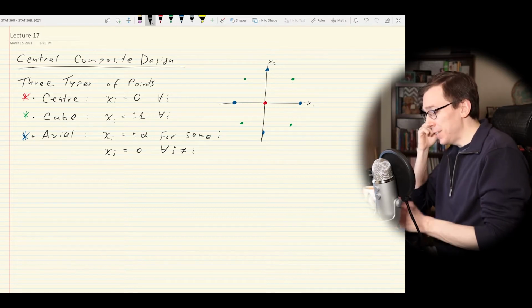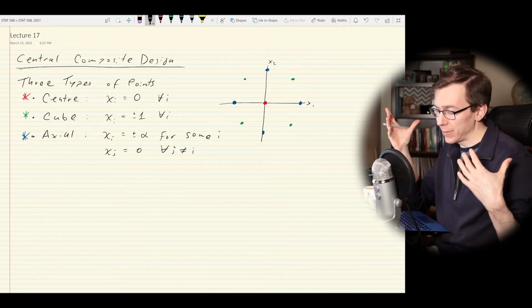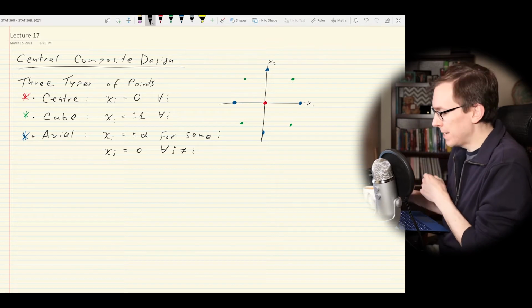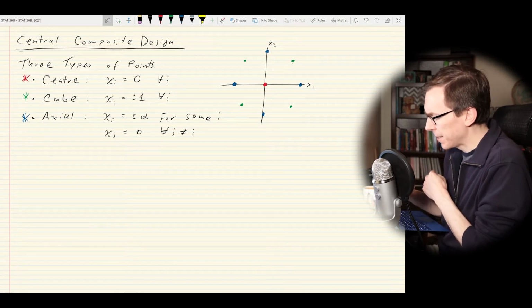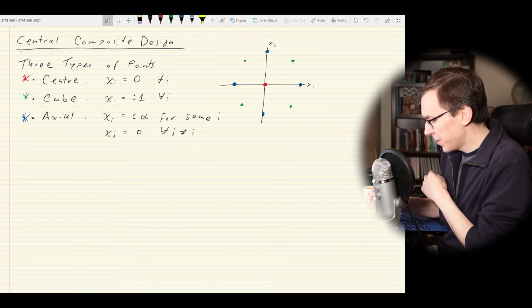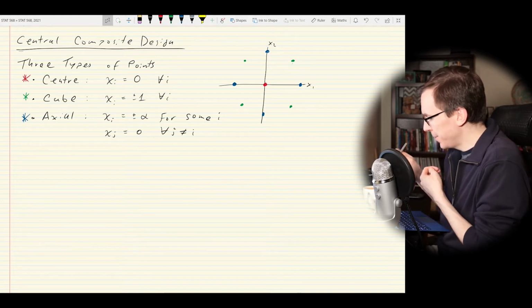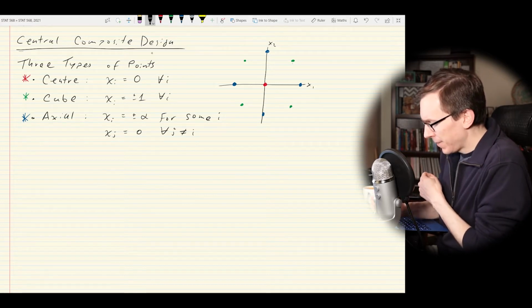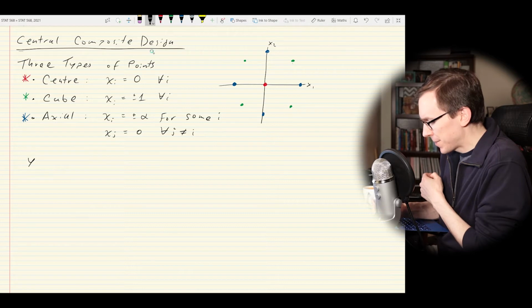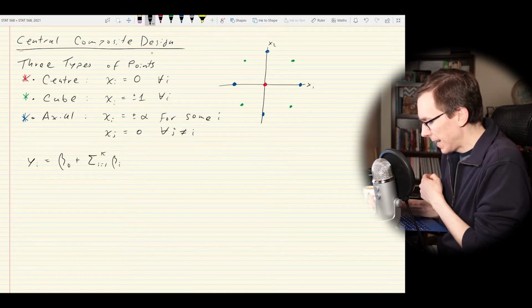All right, so these are the three different types of points, and we have to figure out now why we need all of these different types of points for our design. And we also have to remember, what are we trying to fit? If we have a response surface, we have something that's going to look like yi is going to be, well, beta naught plus the sum i from 1 to k of beta i xi.